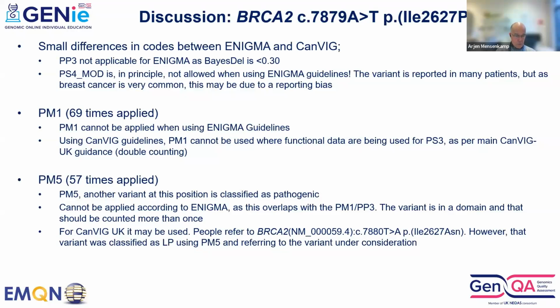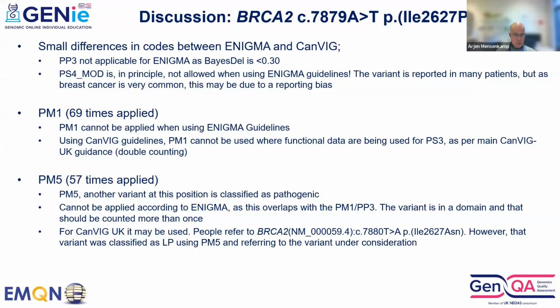It cannot be applied according to Enigma at all, as it overlaps with the PP3 code. The variant is already in a domain, and that should not be counted more than once according to that guideline. For CanVIC UK, it principally can be used.